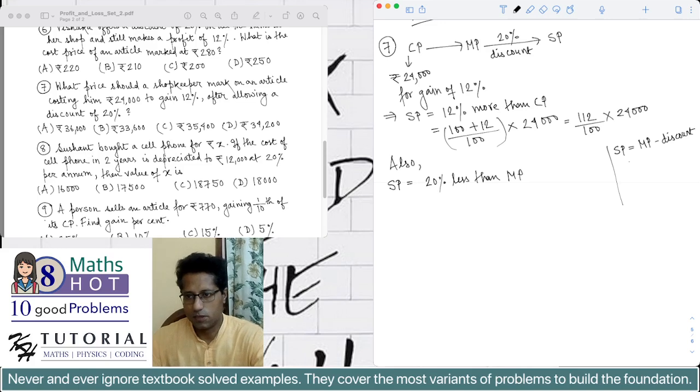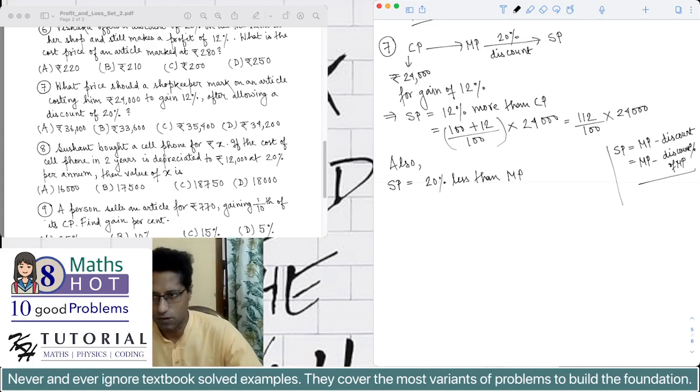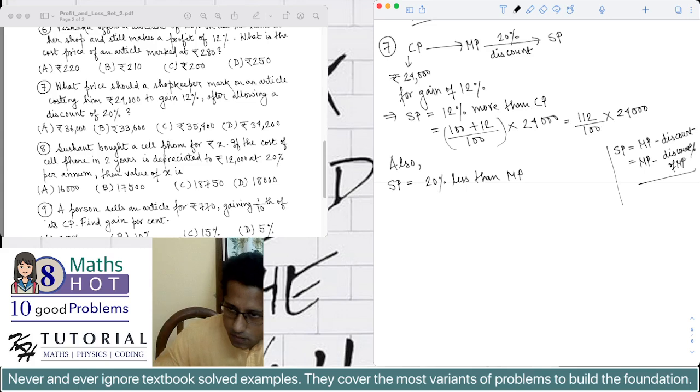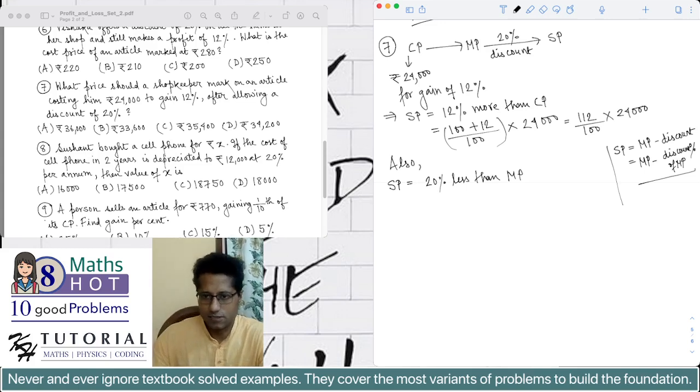And what is the total discount? Discount is always calculated on the mark price. Discount will be the discount percentage of mark price. The expression mark price minus discount percent of mark price is equivalent to saying discount percent less than mark price.